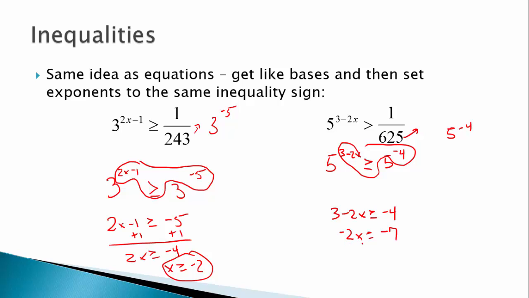Subtract 3 from both sides. Now look here. The rules of inequalities will continue to be followed from the beginning of the school year. I'm dividing both sides by negative 2, so that greater than symbol becomes a less than. In fact, there should be no equals here. These were strictly greater than, so let me erase that. So x is less than positive 7 over 2, or positive 3.5 if you like decimals.